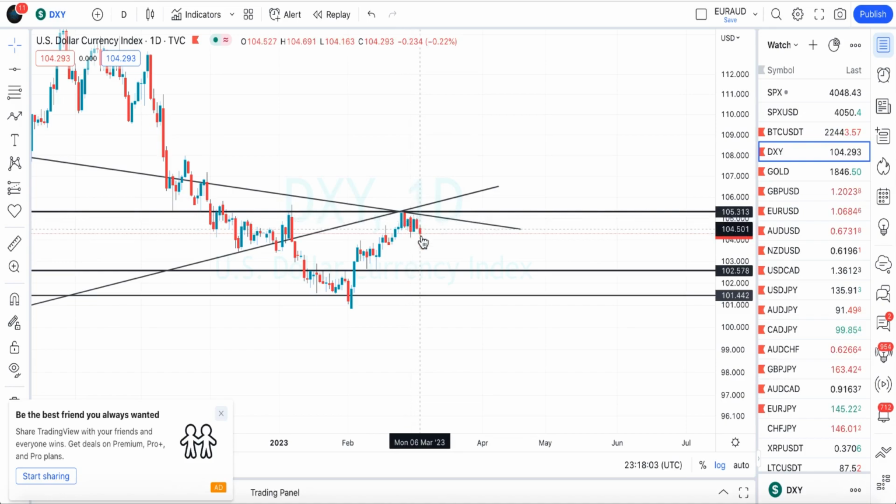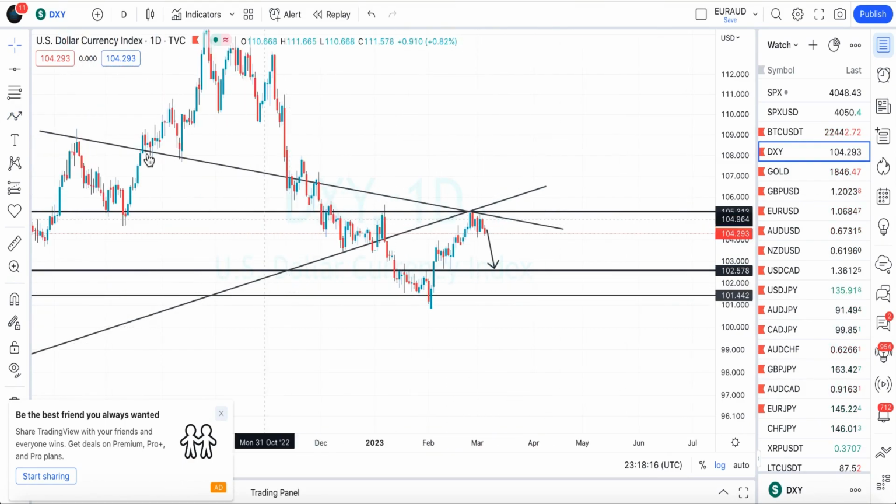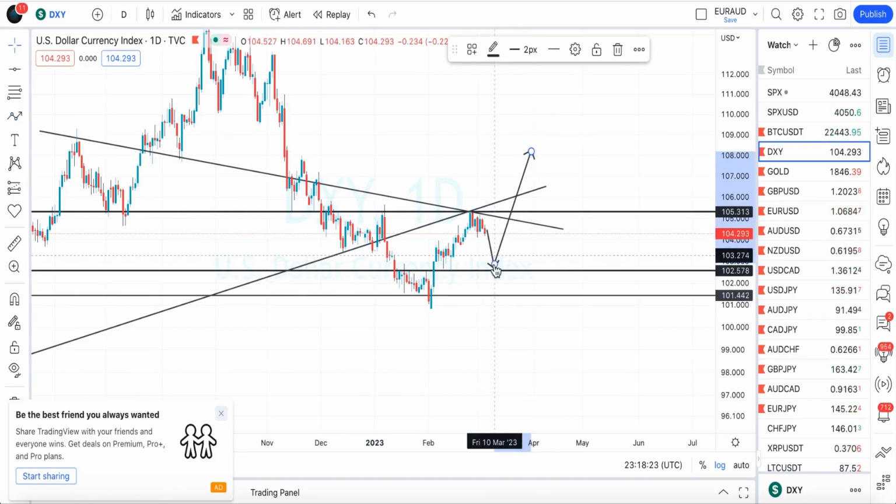So there is a higher probability that we will still see this coming down to this particular level, to 102.6, maybe 102.578, before we can see a bounce to the upside, or before we can see a break of that level.